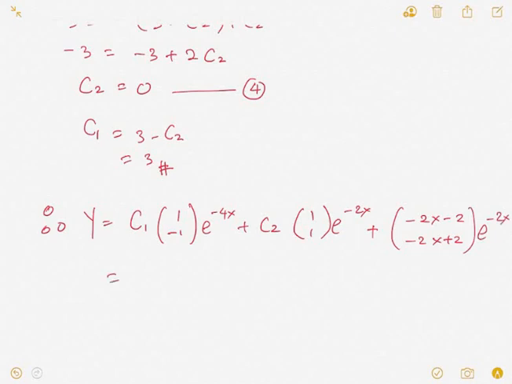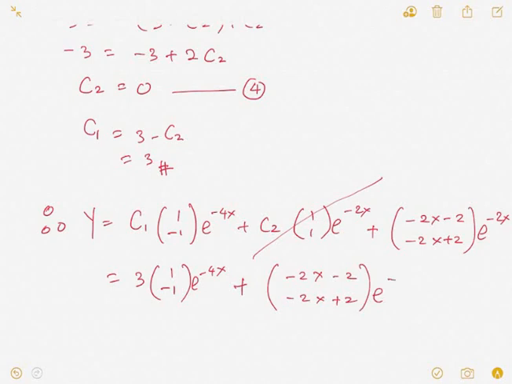C1 is 3, C2 is 0, so this one no need. So plus the last part. Okay, so this is the final answer.